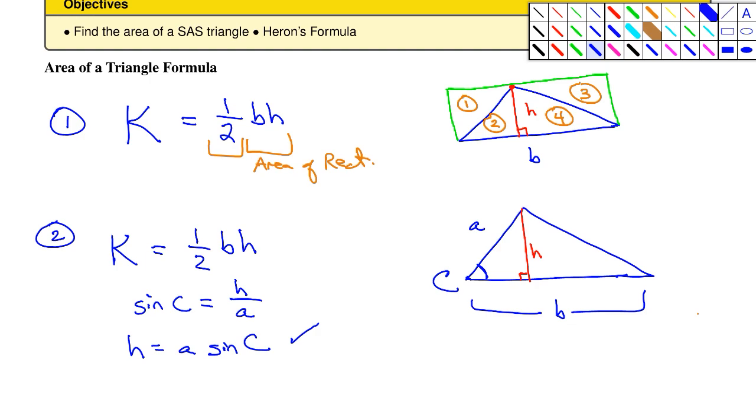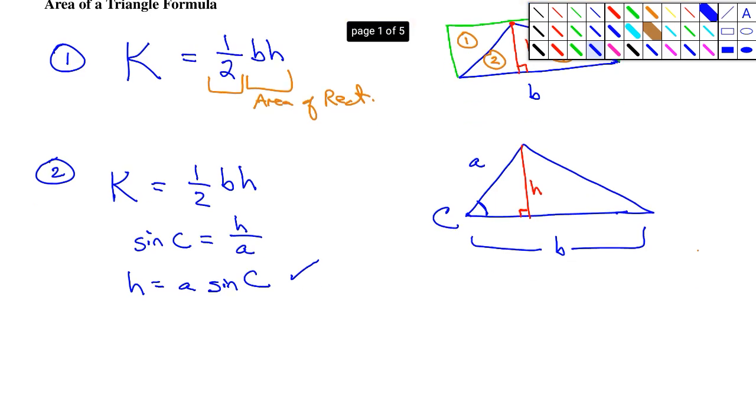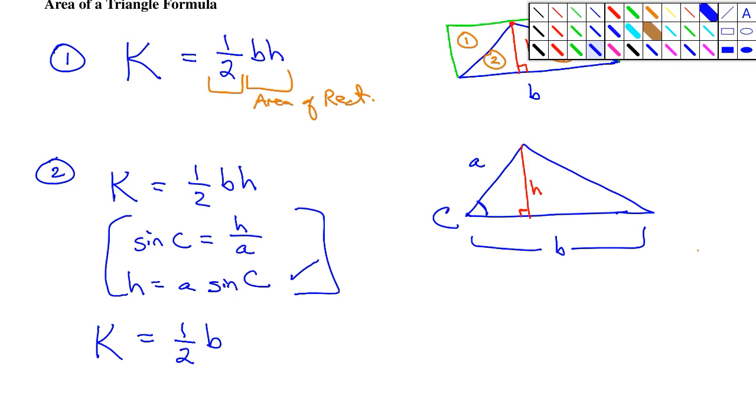It's immensely helpful. Alright, so if I take this little piece of information and plug it into my area formula, I get 1/2. B is the base, but it's also this side B down here at the bottom.